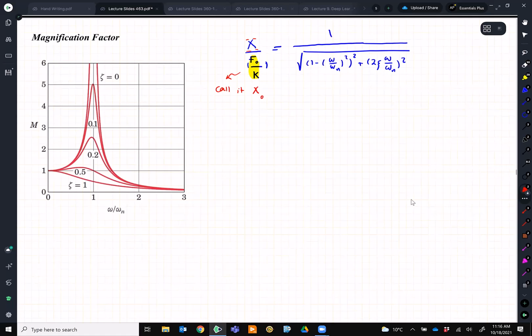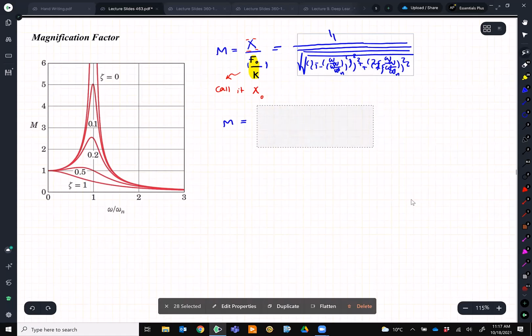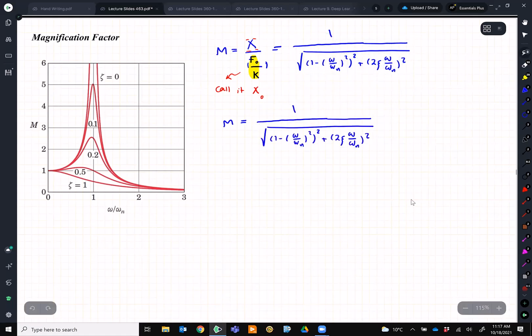You just apply F0, and this is how much it deflects. And this ratio, people call it M, the magnification factor. So this M, which is exactly this one, is an important parameter for us, which we would like to discuss a little bit.